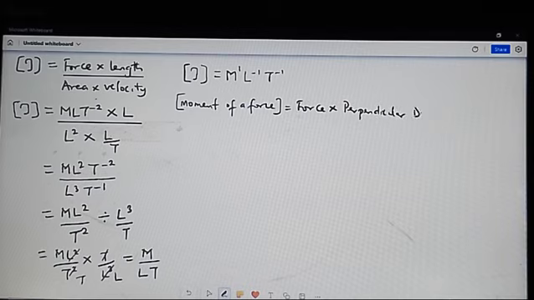Just simply say force times distance. And our force is equal to M L T raised to the power minus 2 times L. So it implies that the dimension for moment of a force is M raised to the power 1, L squared, T raised to the power minus 2.